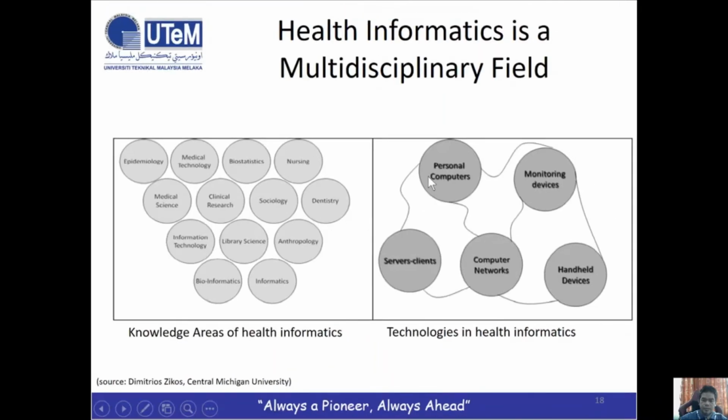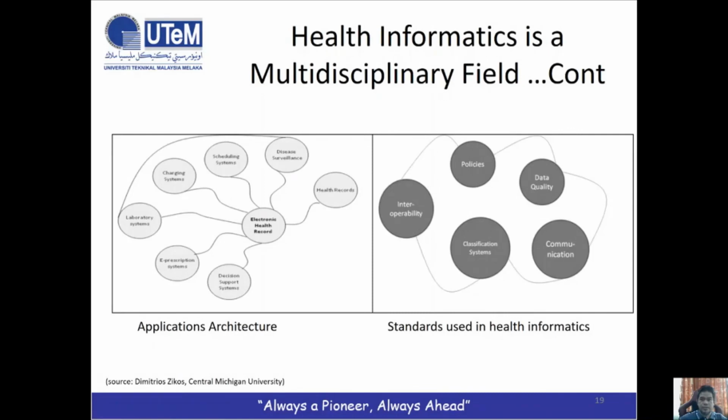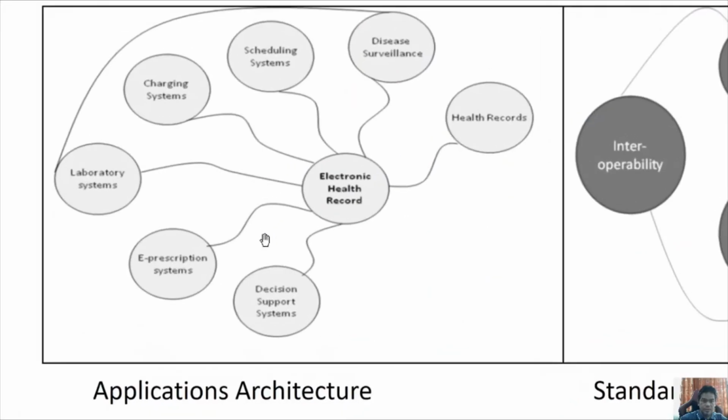And then this is another health informatics multidisciplinary field, the application architecture. This is our focus, the healthcare information system. The ultimate goal is to generate the electronic health record, or EMR, electronic medical record.